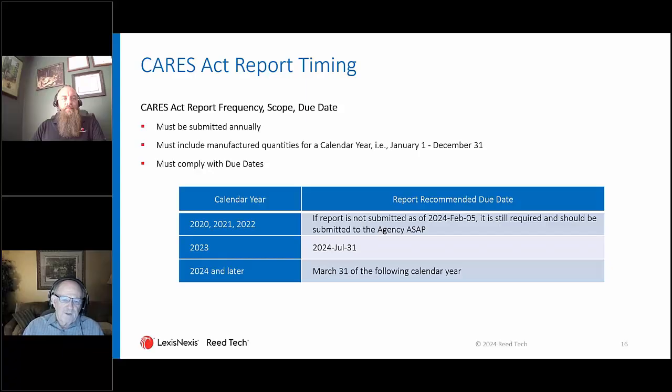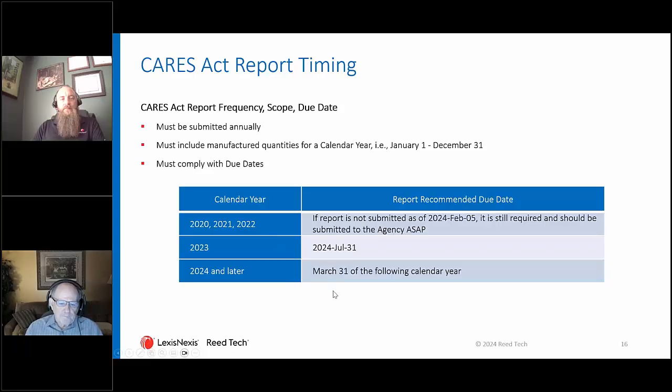I'm not aware of any fines or warning letters that have been generated by the FDA, but technically you want to take care of the 2023 data and report that as soon as possible if you're not already done so. And then I would turn my attention back to the retro years, 2020, 2021, 2022.